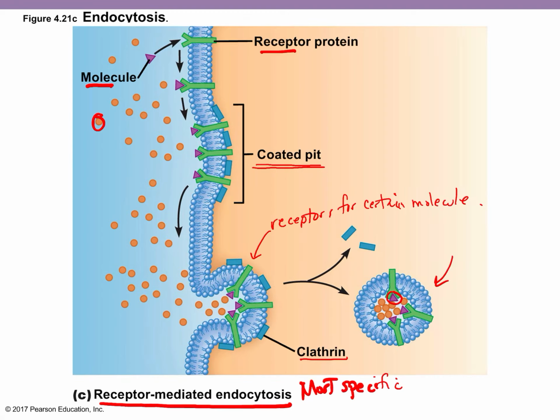We do have the molecule that the receptor is bound. We can see that other molecules got trapped in there as well, but what the cell is really trying to do is bring in that purple triangle, or the molecule that bound to the receptors. Okay, so we call those a clathrin-coated pit, and we can see that the clathrin proteins get recycled. They can go back out to this plasma membrane to create another clathrin-coated pit.